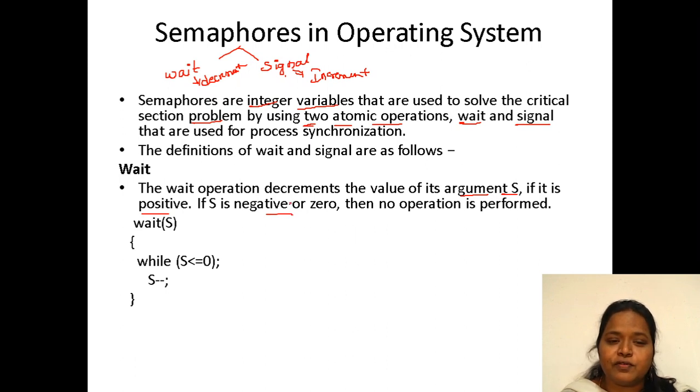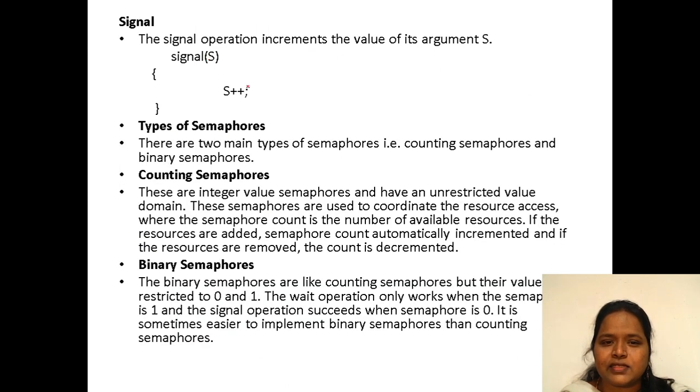The code for wait is wait of s. When we talk about the semaphore, you must consider wait and signal. Here, while s is less than or equal to 0, we do nothing, and otherwise s is decremented. With signal, s is incremented.